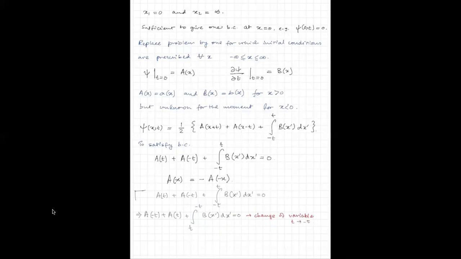So again, this is a of minus t plus a of t minus the integral from minus t to t of b of x prime dx prime is equal to 0.